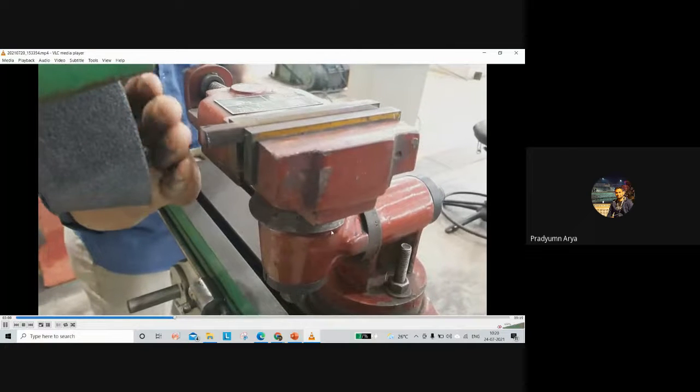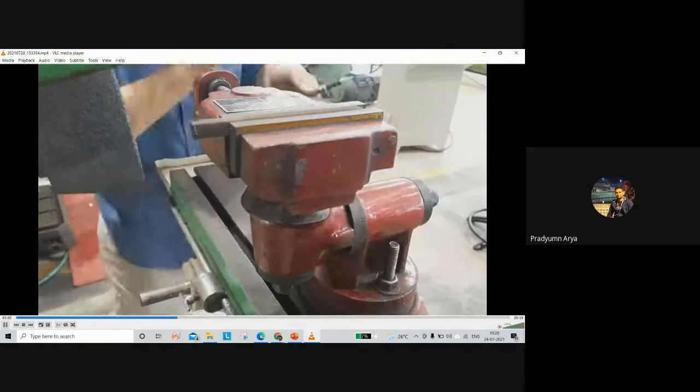You can easily see, all of you can see these angles.